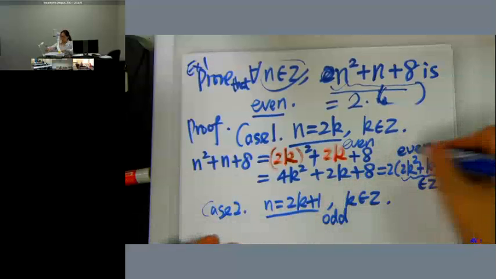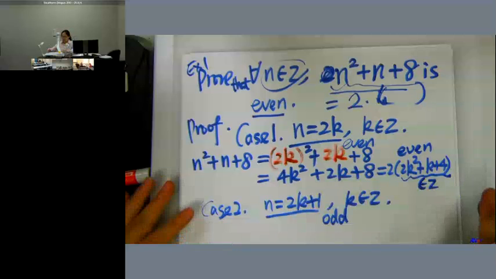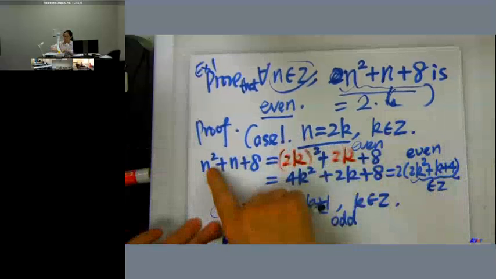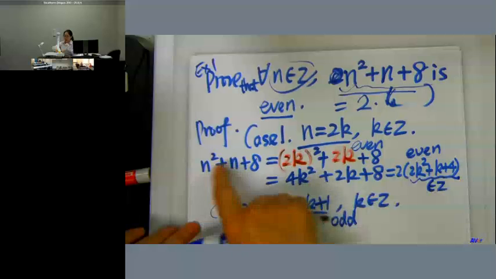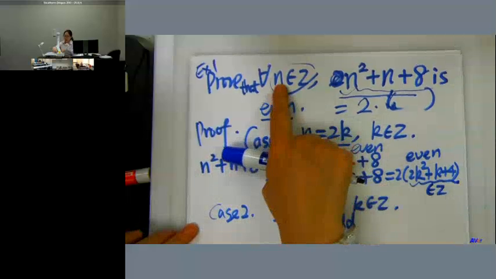So therefore this is even. All right, so far we proved if this n is an even number, n squared plus n plus 8 is even.